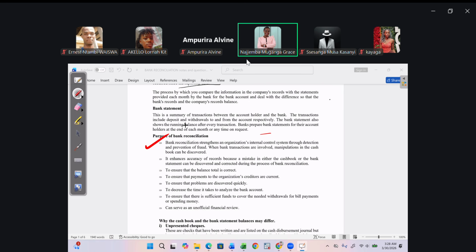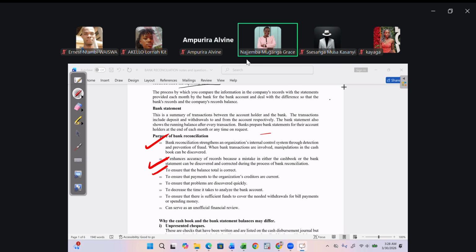Then it enhances accuracy of records. Remember, this is one of the characteristics of financial statements. We ensure that we report information that is complete, a faithful representation, accurate. So it enhances accuracy of transactions, to ensure the balance total is correct.